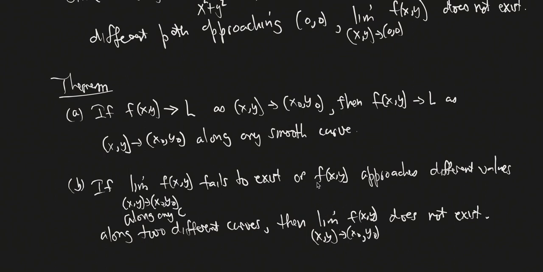And the other possibility is if your function approaches different values along two different curves, as we saw earlier in that example, then the limit does not exist. Sometimes this part B is referred to as the two-path test. If you can find two paths that produce two different values, then you can conclude that the limit does not exist.